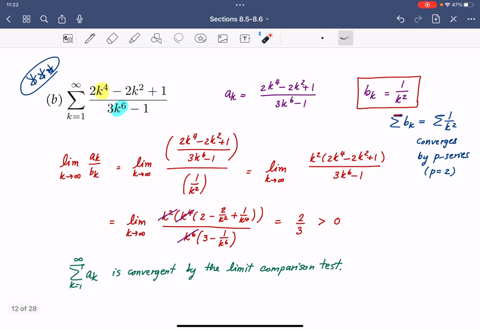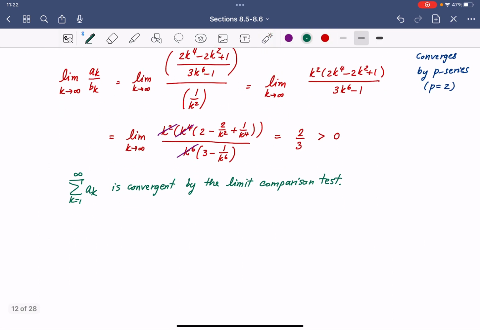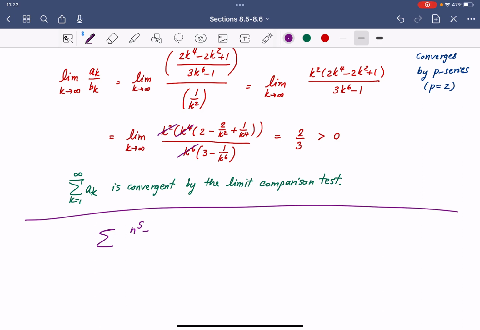Okay, let's make sure that you understand this one. What if I have the summation of n to the 5th power plus 1 over 6n to the 6 minus n plus 10.